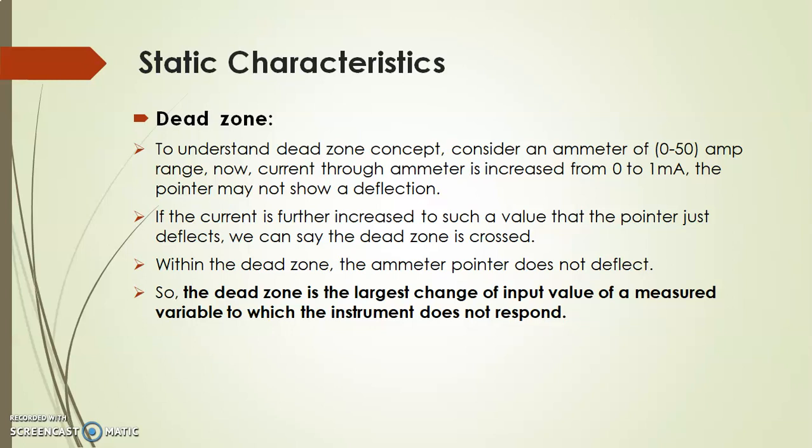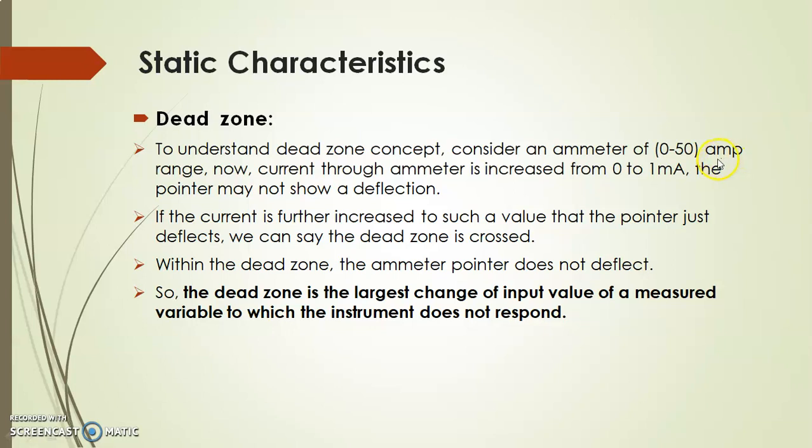So the dead zone is the largest change of the input of a measured variable to which the instrument does not respond. That means how can you define the dead zone? Suppose you take any instrument. Within the dead zone, your instrument does not show the output. Here we consider a 0 to 50 range ammeter.